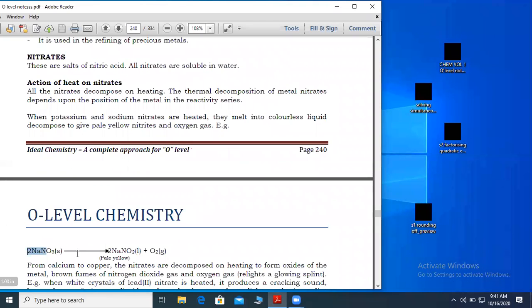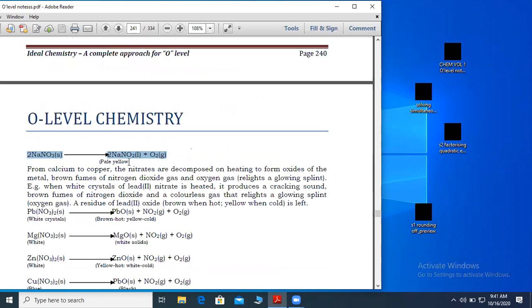So sodium nitrate forms sodium nitrite plus oxygen. Even potassium nitrate will form potassium nitrite plus oxygen. And sodium nitrite is a pale yellow solid.